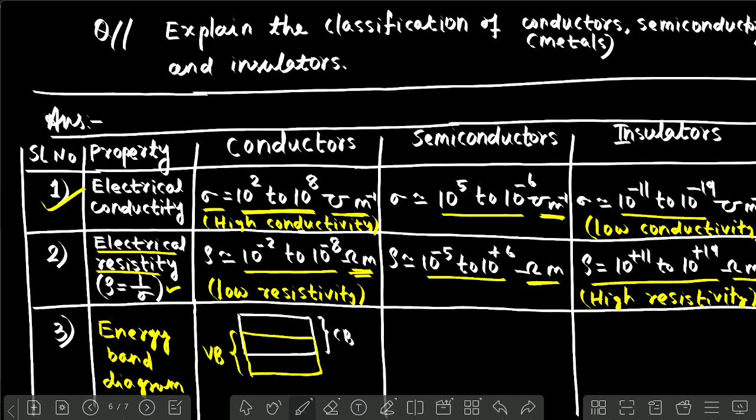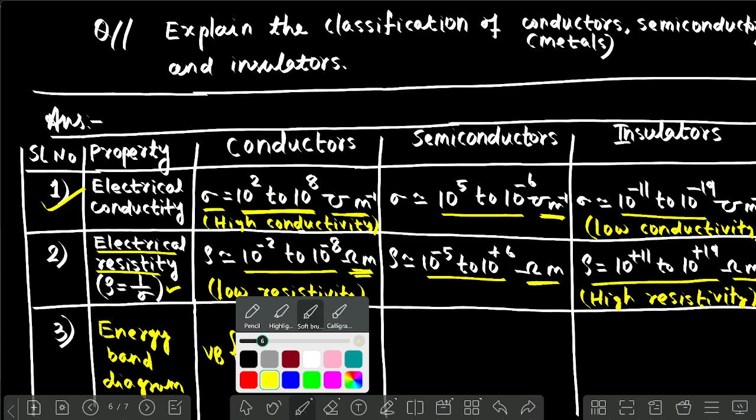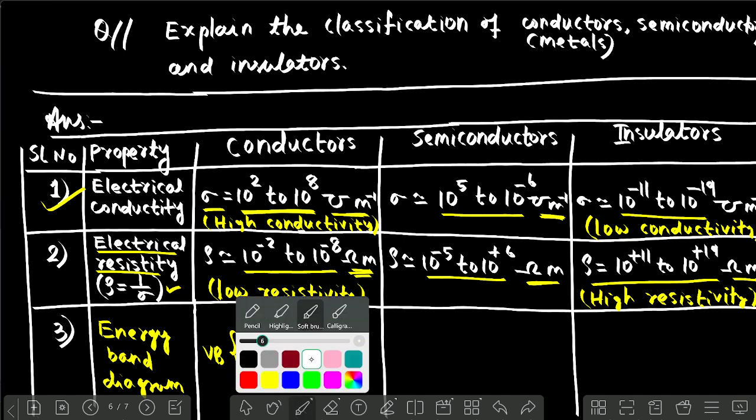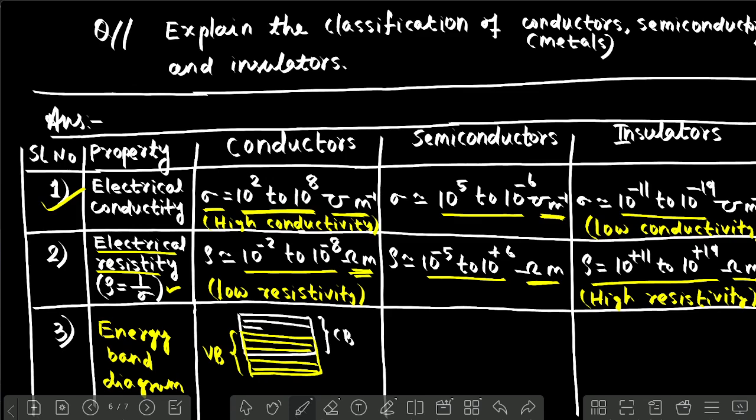Now check what is happening here. The conduction band and valence band are overlapping each other.